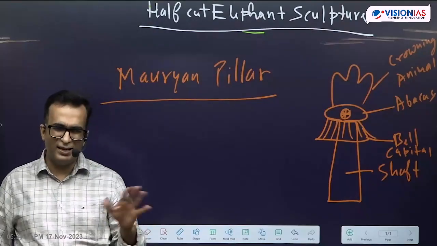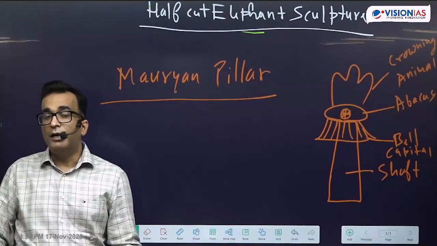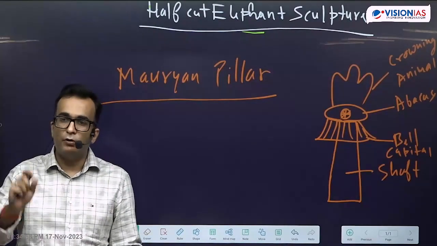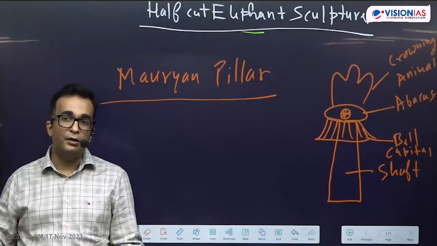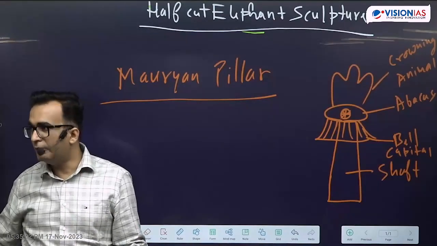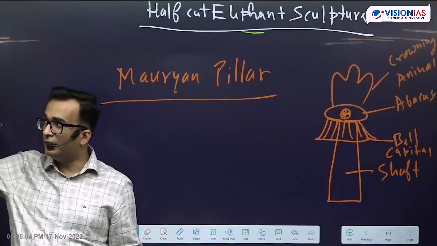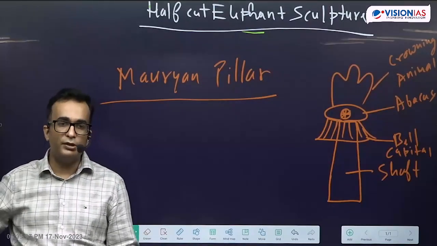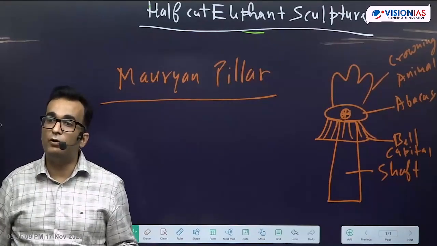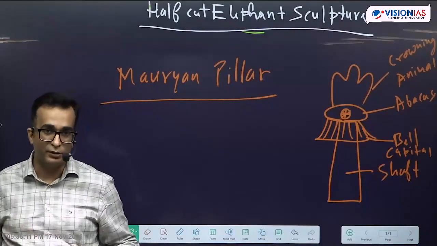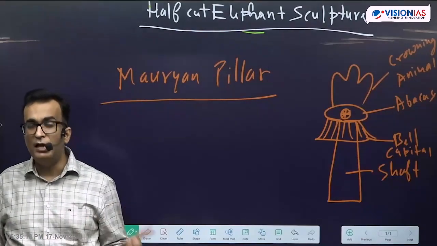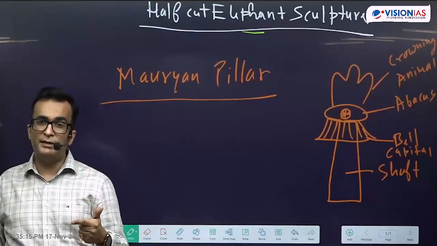So roughly half. Then next thing, Mauryan pillars were always erected in the open. So they were not a supportive structure of buildings, but they were erected in open ground. On the other hand, Achaemenian pillars were always inside the buildings. So these are the basic differences. Then we'll talk about the purpose of the pillars and examples.